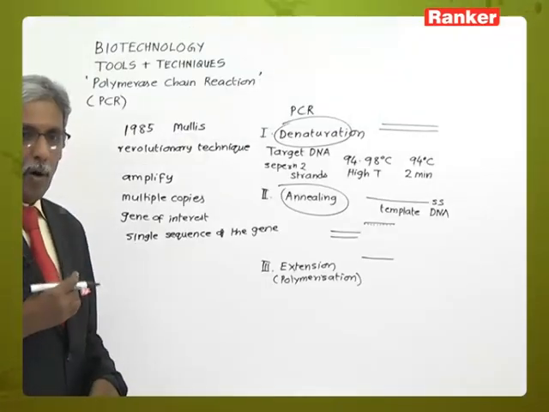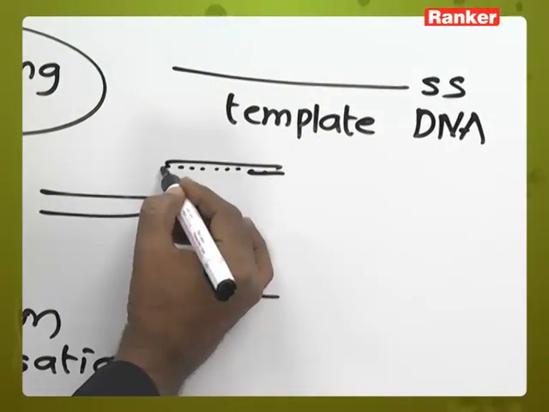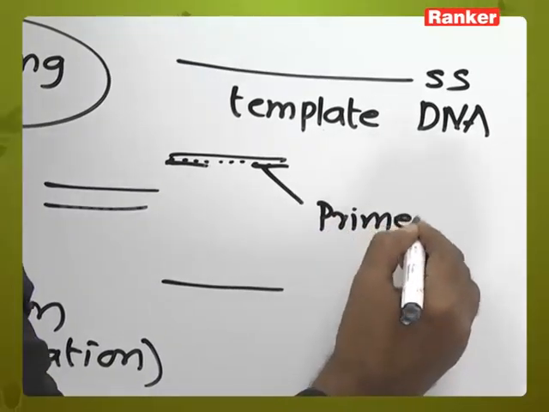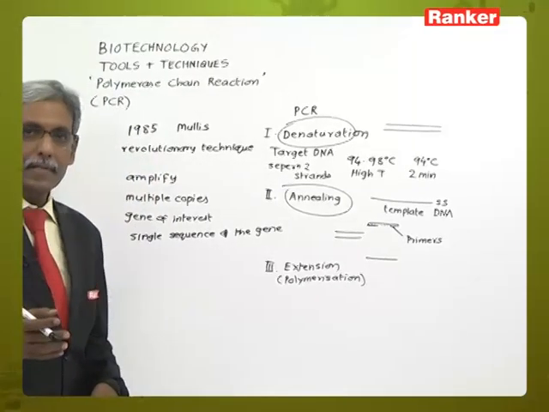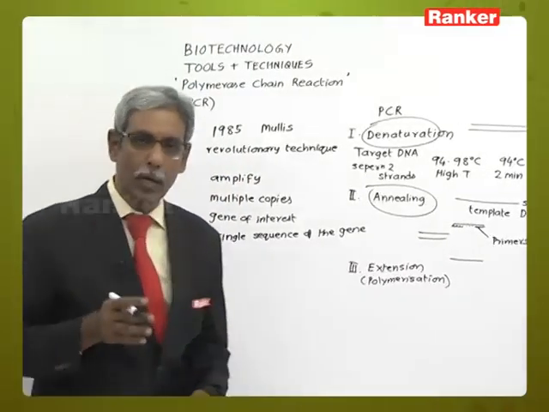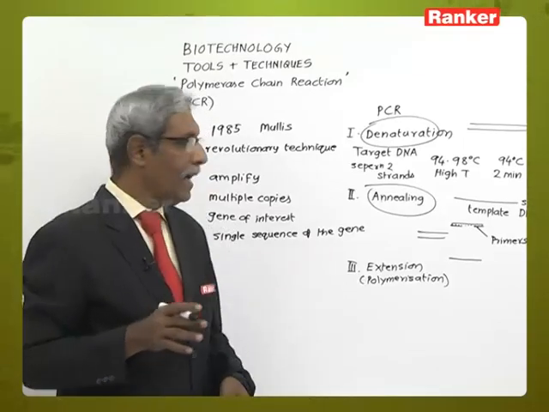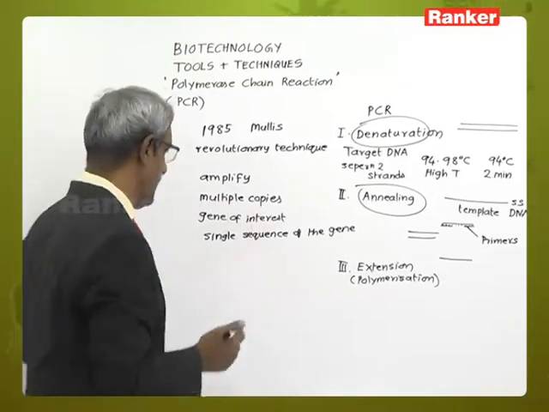So, joining of two primers, there are two important chemicals which are termed as primers. Now, what exactly are primers? Primers are synthetic oligonucleotide sequences which can hybridize at two ends of the template DNA.